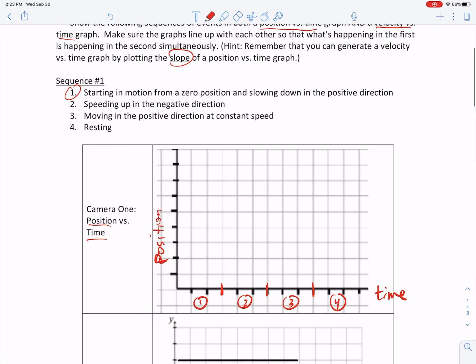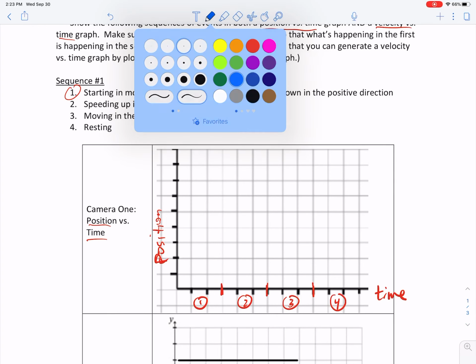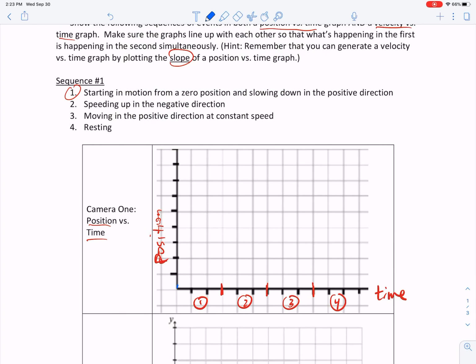The first time interval is going to be featuring this number 1 in the sequence, starting in motion from a 0 position and slowing down in the positive direction. That looks like this. Okay, I'm stopping right here, right after the first interval. Stopping here.